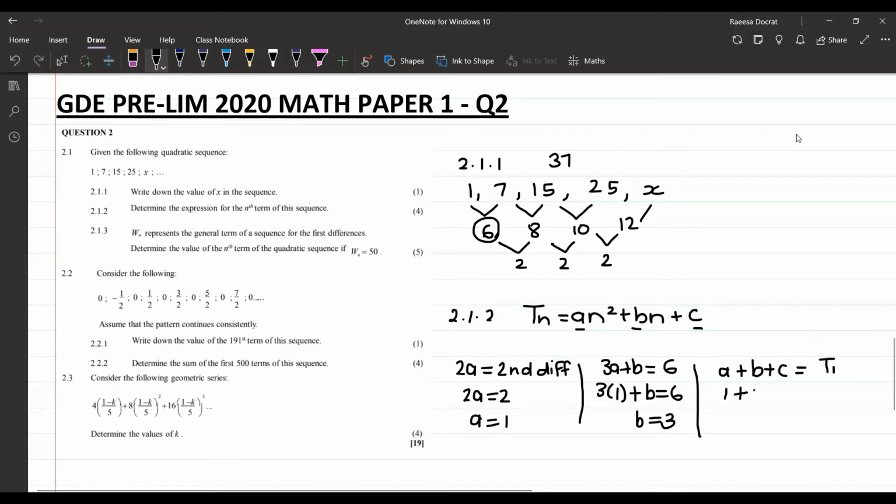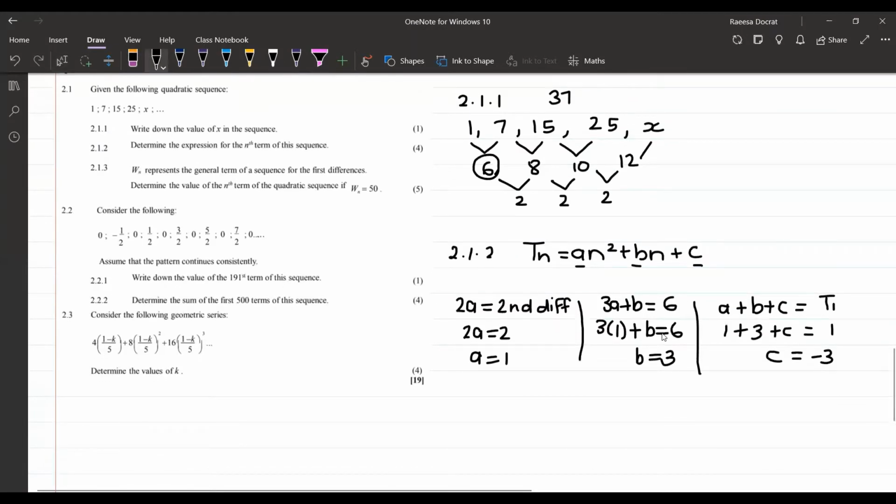So 1 plus 3 plus c is equal to 1. So finally, we get that c is equal to minus 3. Therefore, the expression for the nth term by substituting that in is Tn is equal to n squared plus 3n minus 3.